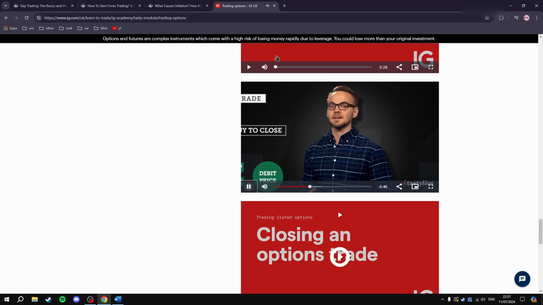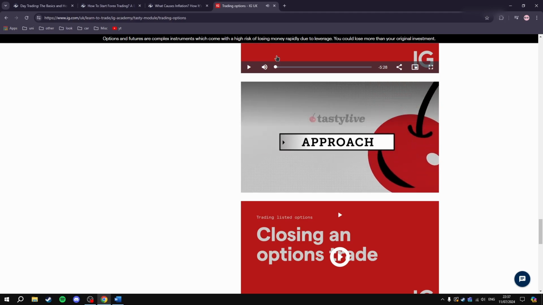Remember, time passing or theta decay is an asset for short option sellers and a liability for long option buyers.